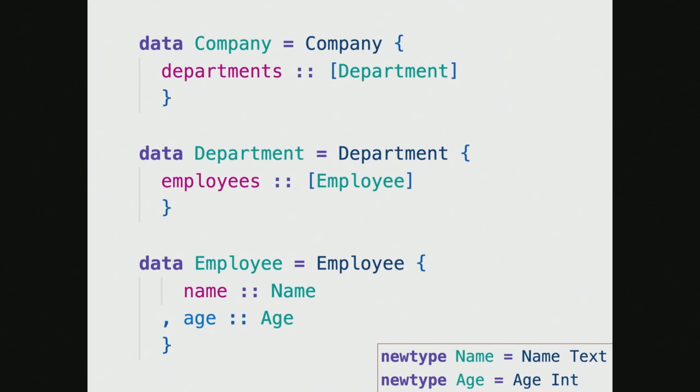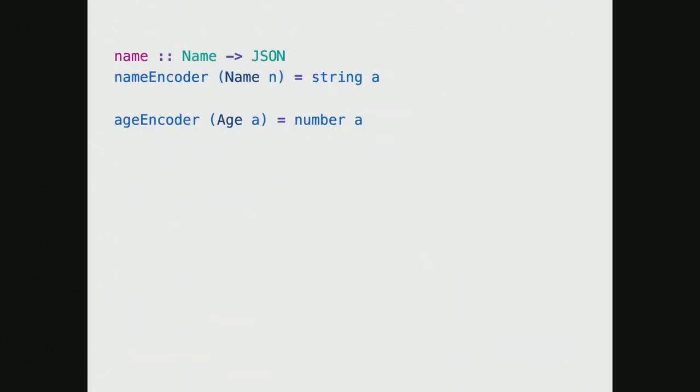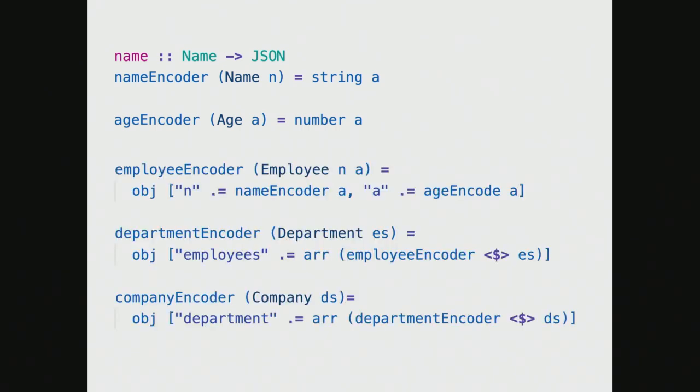So what do you do? Well, you encode the name and age using string and number as JSON primitives. And then at each level of your data structure, you create some new encoders. So for example, the company encoder requires a department encoder, and you call that, and you have those functions calling each other. And then you put this in a library, good job. You can give it to someone. Now you know how to encode a company.